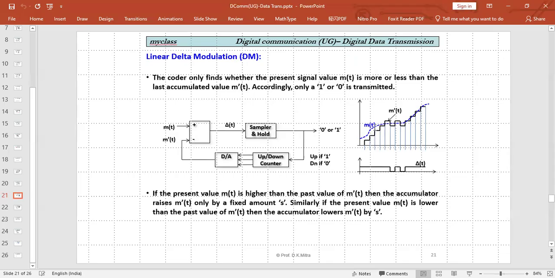Then it finds the third sample is also higher than the last sample. Then it takes one step higher and holds there. Similarly, as long as it finds that the present sample is more than the last sample, it goes on increasing by a certain step. Let's say 1 millivolt. Each step, the pulse increases by 1 millivolt.